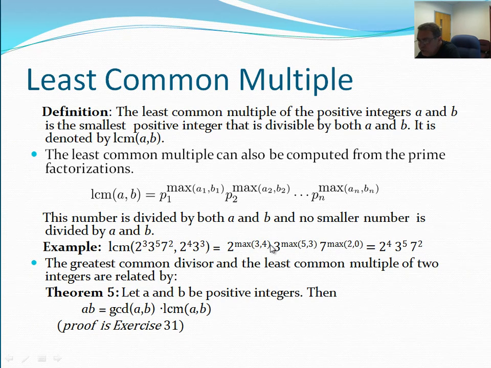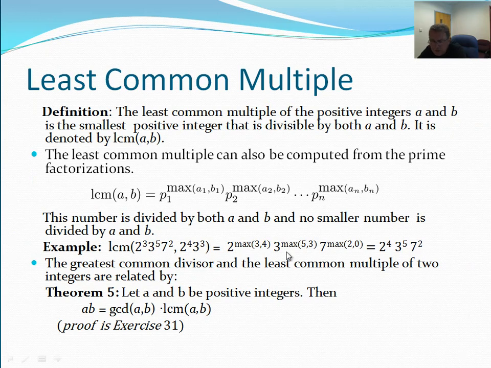So 2 would be to the power of 4, 3 to the power of 5, and 7 to the power of 2. You multiply these, and you get the least common multiple of these numbers.